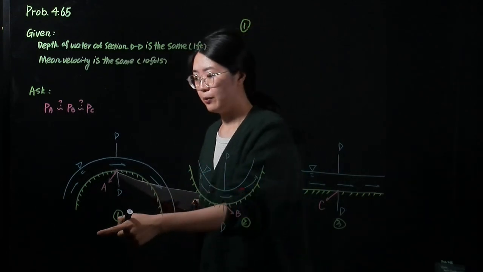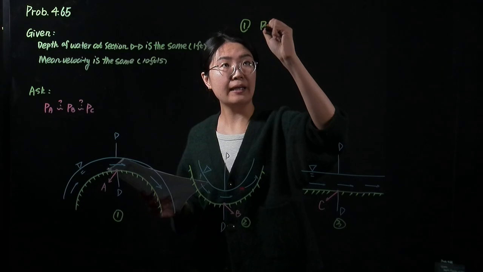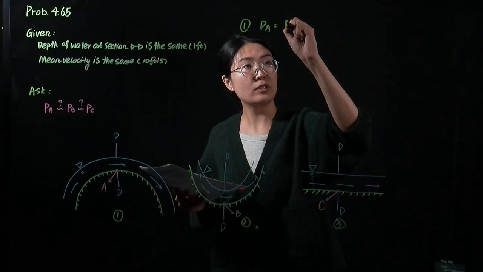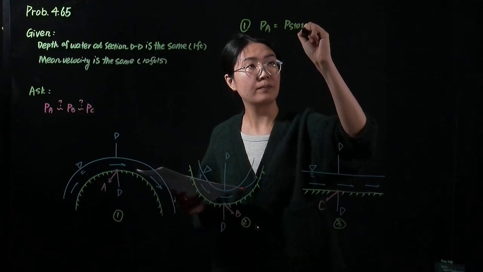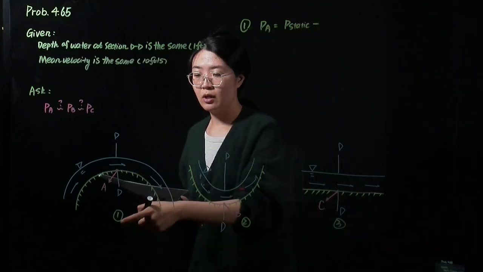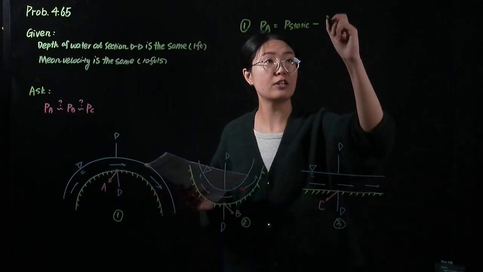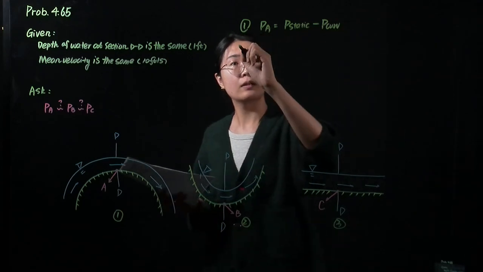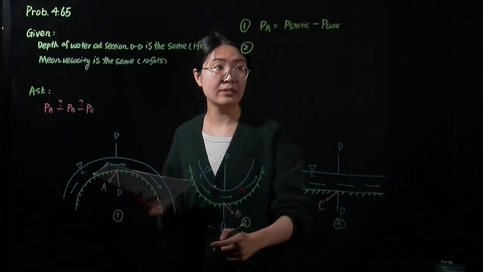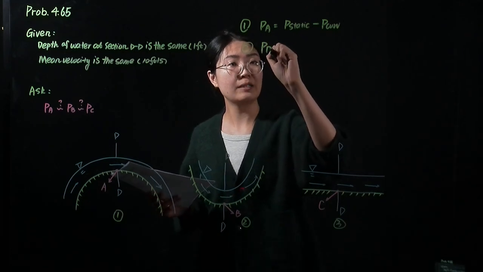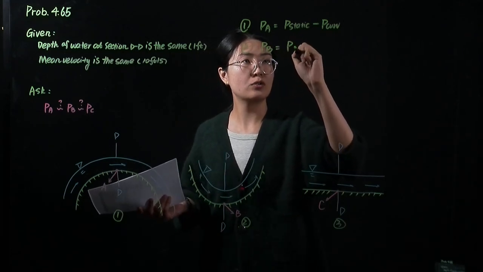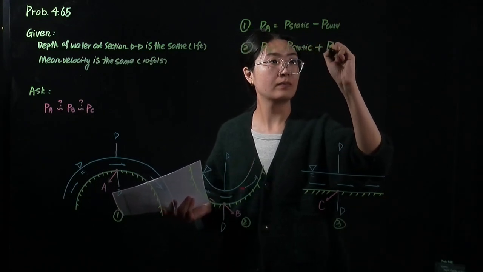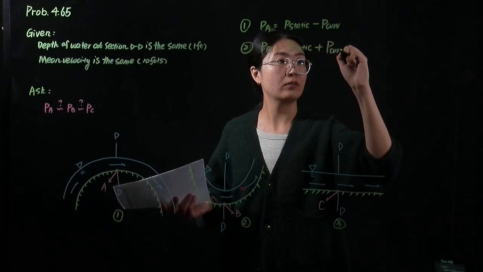For the first scenario, the pressure at A equals the static pressure minus the pressure caused by the curvature. For the second scenario, the pressure at point B equals the static pressure plus the pressure caused by the curvature.